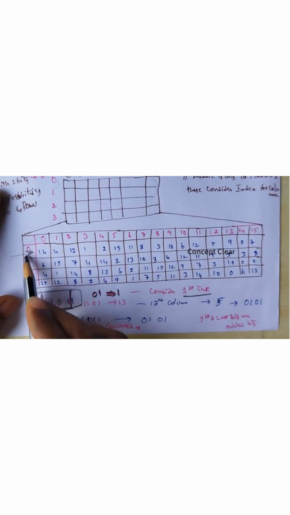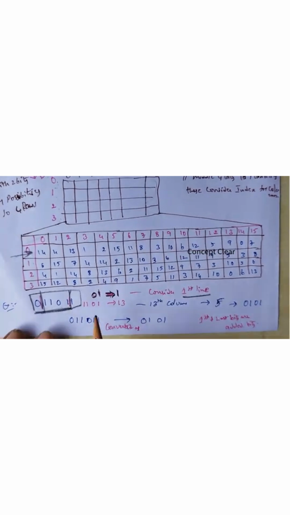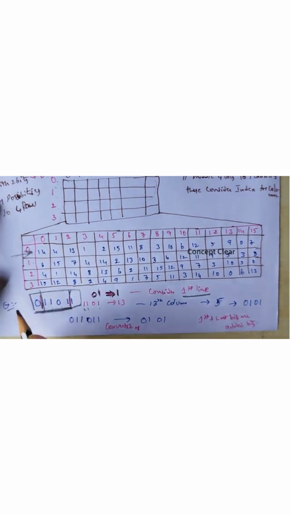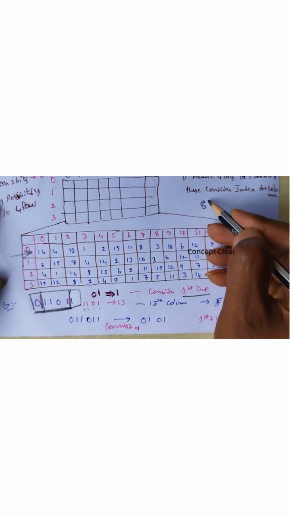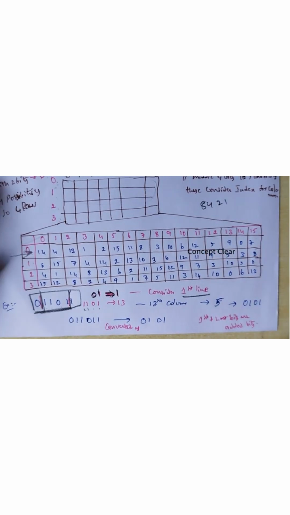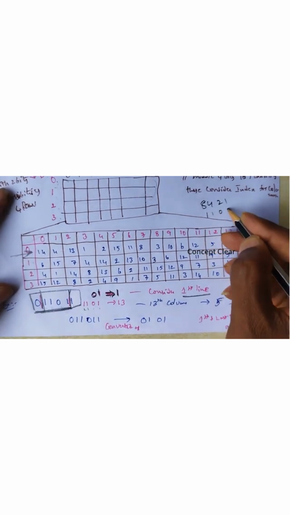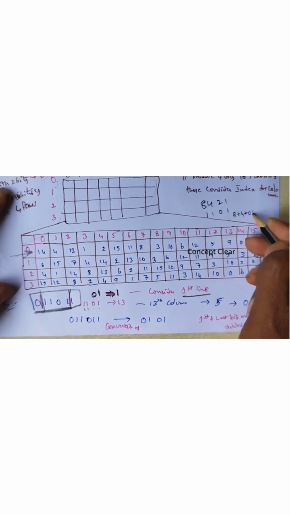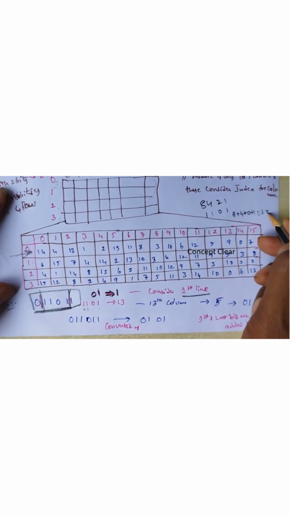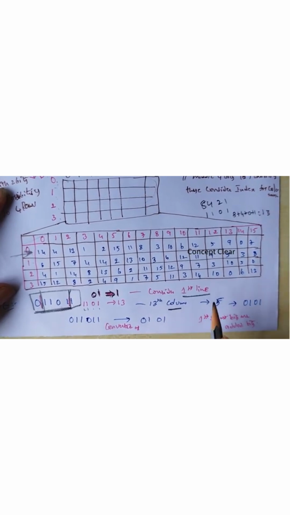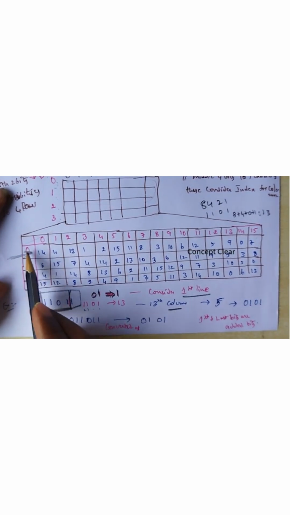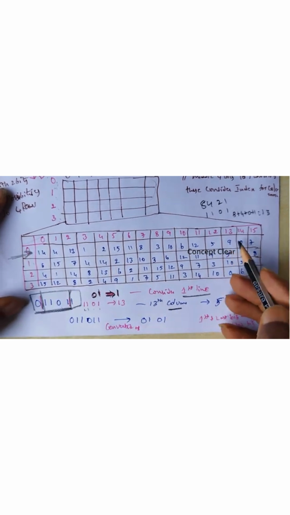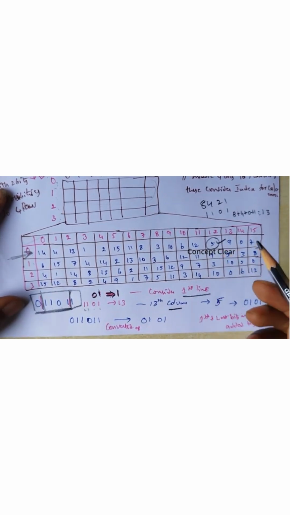What is the first line here? This is the first line. And then what are the next bits? 1101. If you write according to 8421, 1101 means 8 plus 4 plus 0 plus 1. What is the value? 13. It means the 13th column, 0th line and 13th column. What is the 13th column? It is 5. So what is the value here?